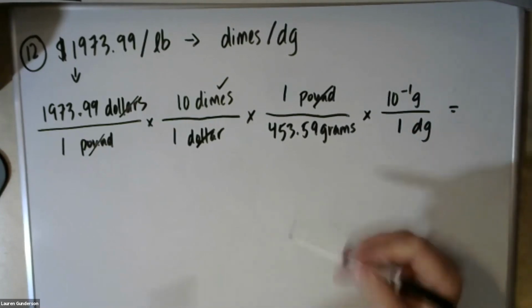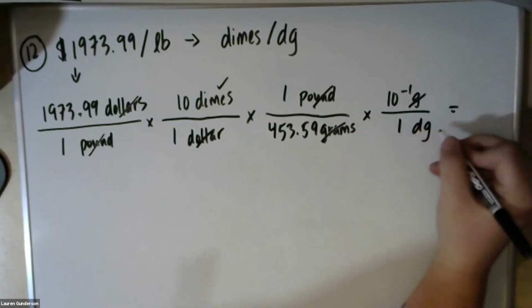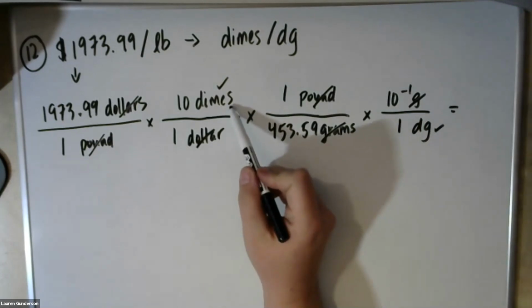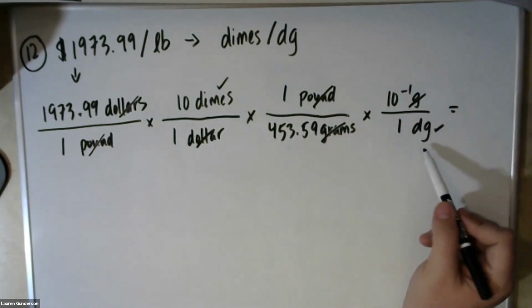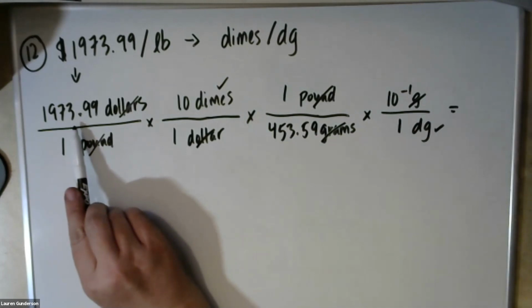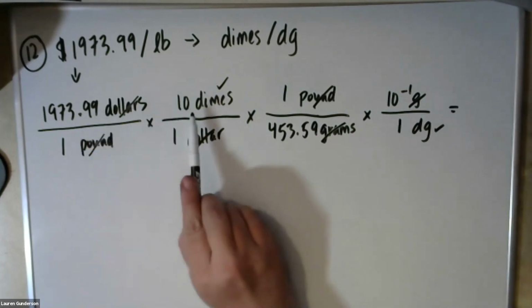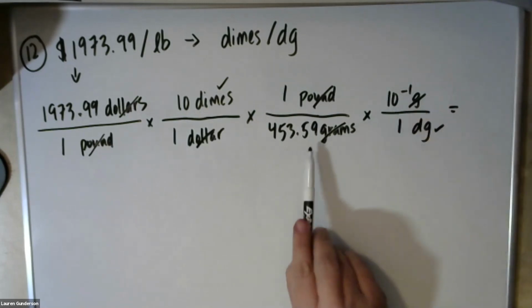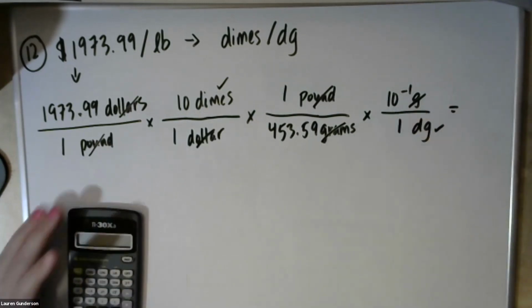Okay, so if I look at how my units cancel out, what I'm left with at the end of this is dimes on the top and decigrams on the bottom. So we'll have 1973.99 times 10 times 10 to the negative 1 divided by 453.59.